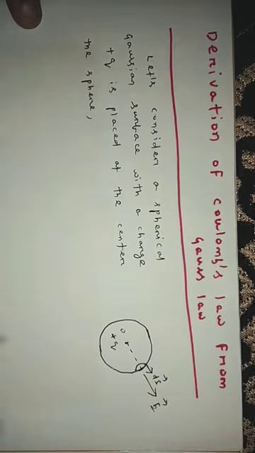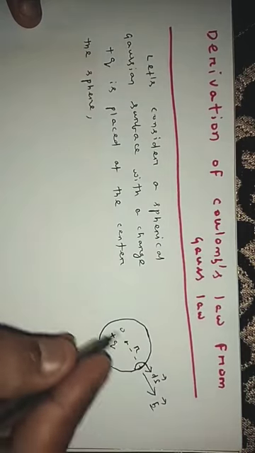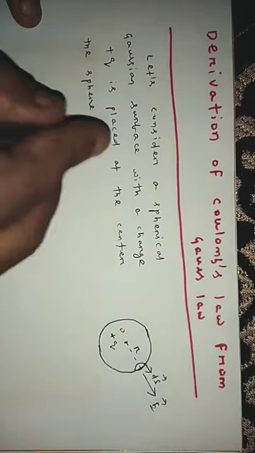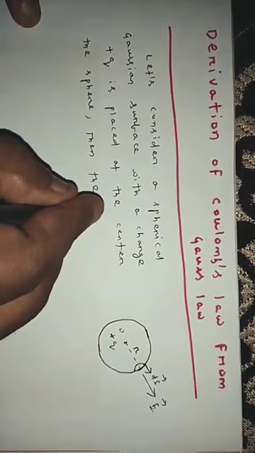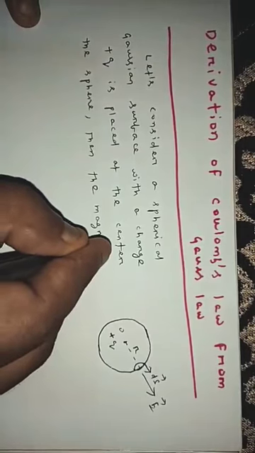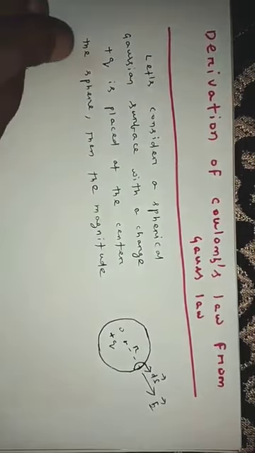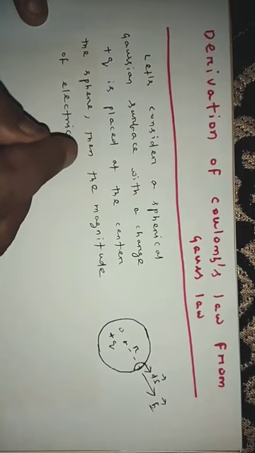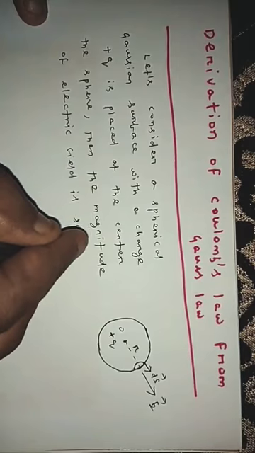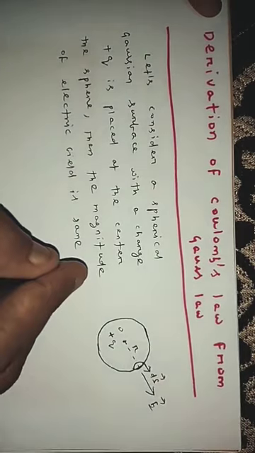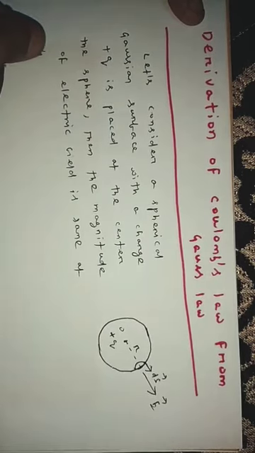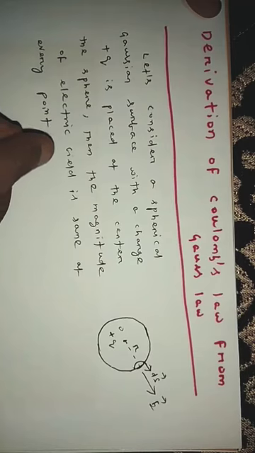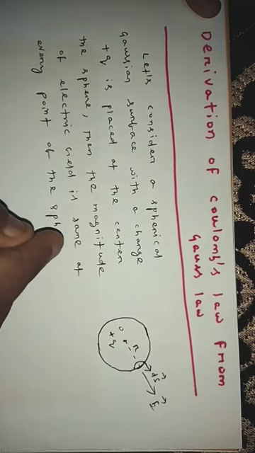Then, since r is constant, this is r, the radius r, the magnitude of electric field is the same at every point on the surface of the sphere.